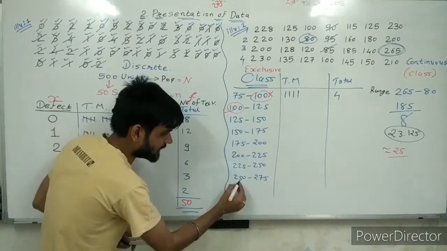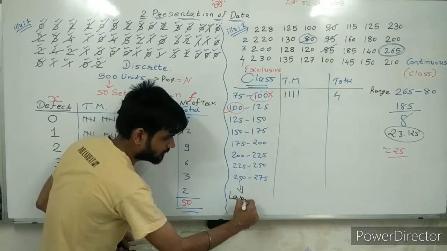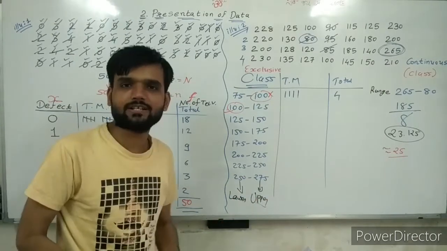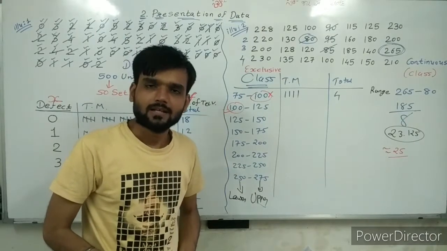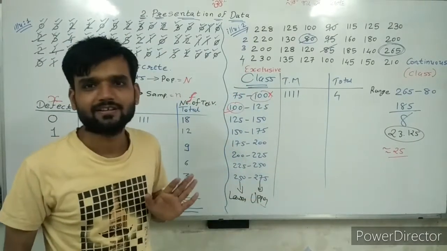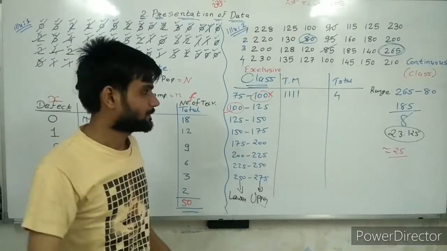So we can say, sir, the left side is the lower boundary and the right side is the upper boundary point.